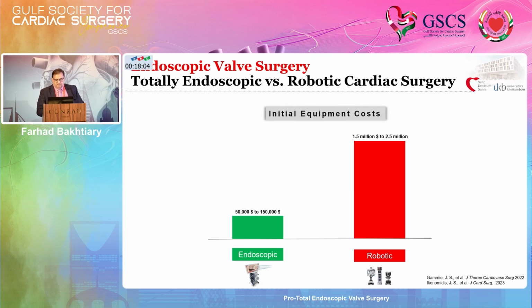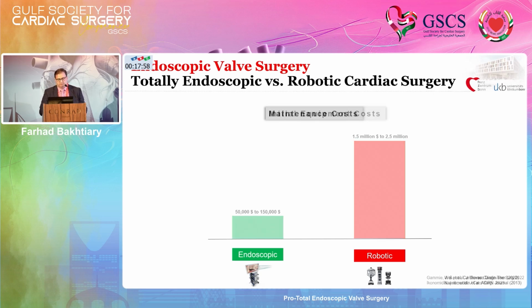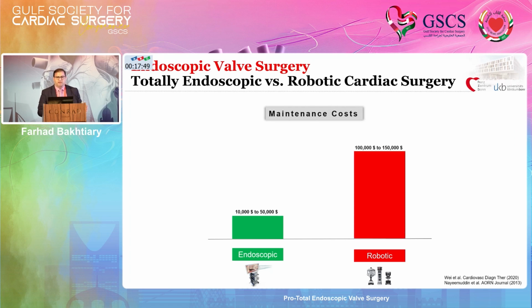Which is also not permitted to use in Europe. We still have many problems to adapt robotic surgery in cardiac surgery. If you look at the maintenance costs, you need annually 10,000 euros for bringing your endoscope to the best level with all this software actualization, and for robotic the maintenance costs are much higher.